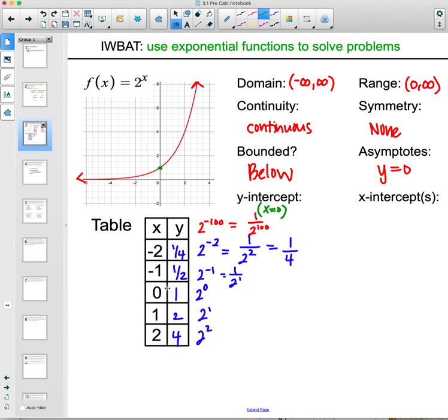So if you're looking at the table, you'd see x=0 here. So the y-intercept is (0, 1). For an x-intercept, where does it cross the x-axis? In a table, that would be where y=0. In this case, it can never equal y=0 because that's our asymptote. So we have no x-intercept in this case.